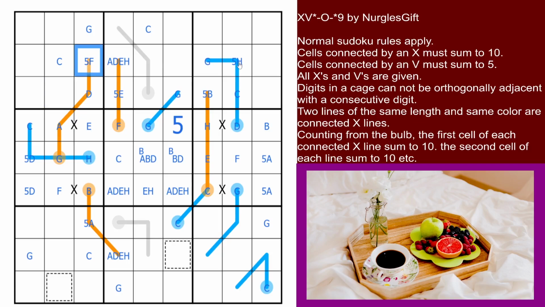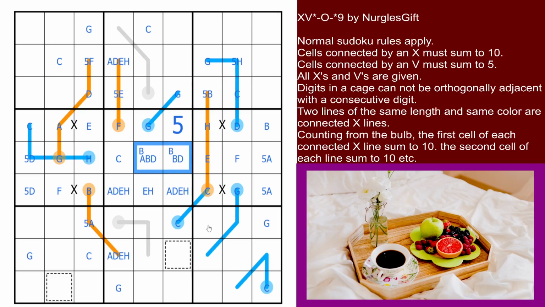This 5, 5? No, 5D, 5. 5, 5. Something I'm not appreciating here. A, B, D. EH.